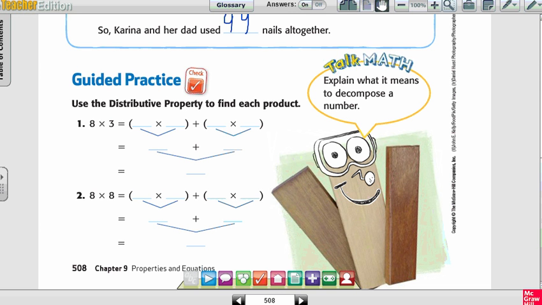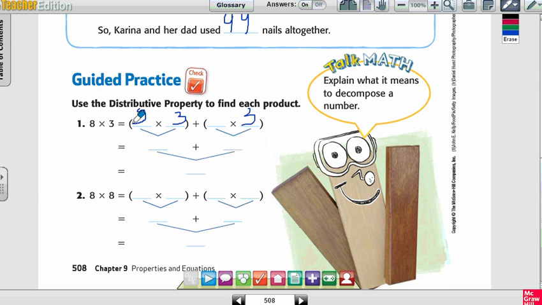So in some cases you want to decompose the bigger number, or a number that you can actually decompose. But it really doesn't matter which number you decompose. For me, it'll be easier to multiply something by 3. So if I decompose 8, let's go with 5 and 3.